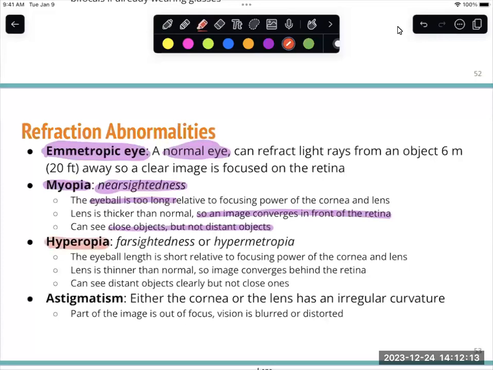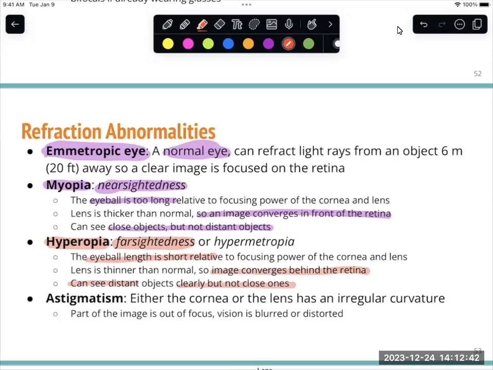Hyperopia or farsightedness. These people, the eyeball is too short. So that image is reflected, comes together behind the retina. They can see at a distance, but they cannot see close. So it's named nearsightedness and farsightedness depending on what they can actually see.